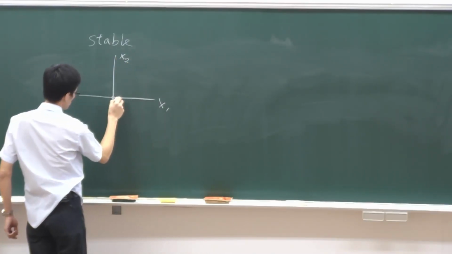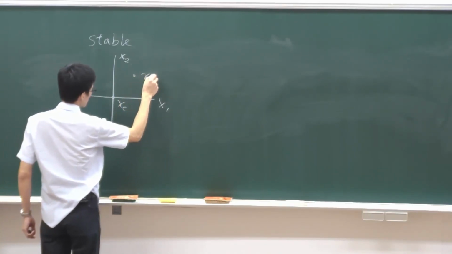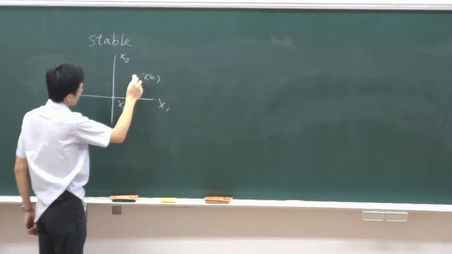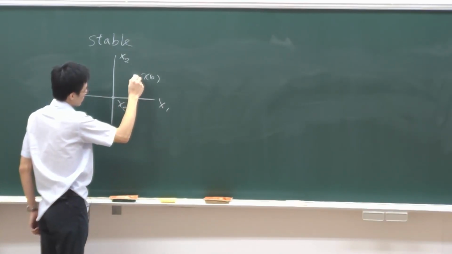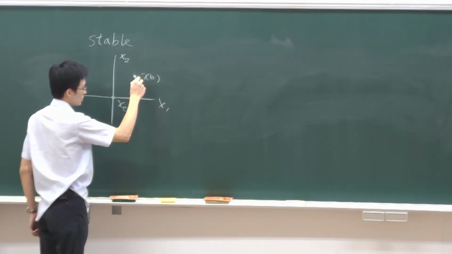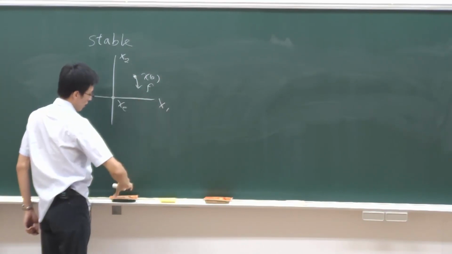And assume here is your equilibrium point, and you start from here, x0. After you start from here, the motion of the states is driven by f(x).